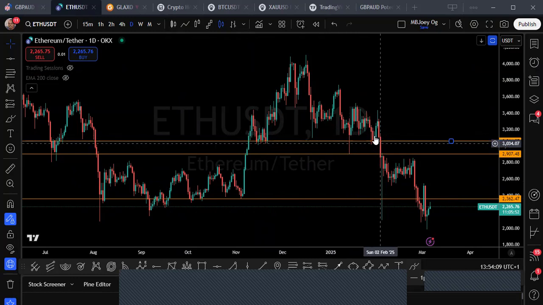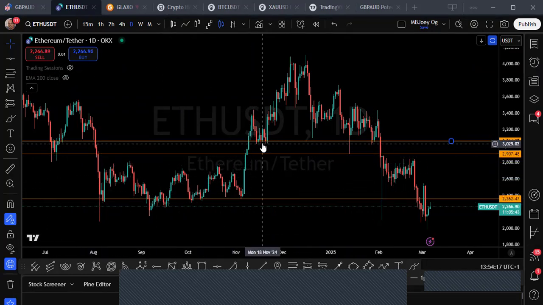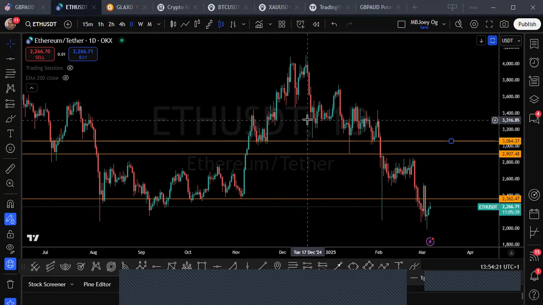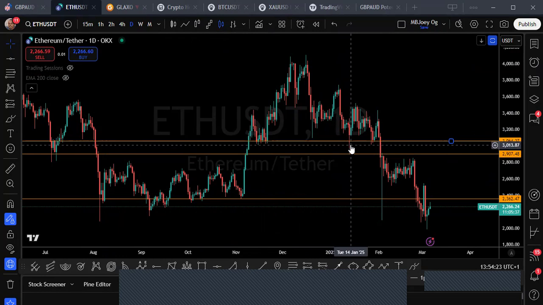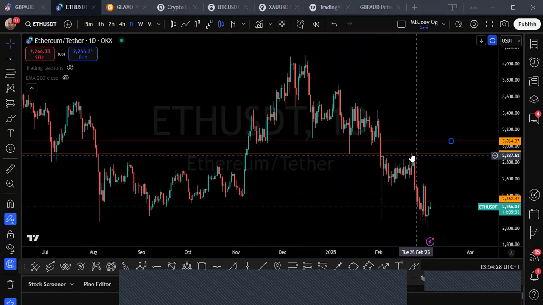This would also form another area of support. And if we're looking at it from the past, in fact, it has been support all along. Price broke it, came back here, turned around, came back here, turned around. It is presently, when it got here, that it started forming as a resistance.